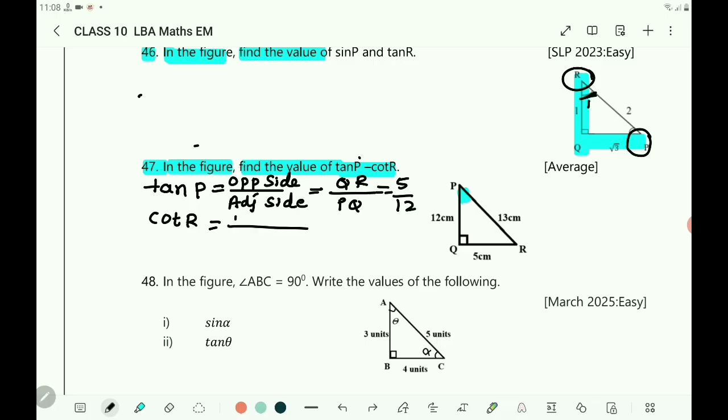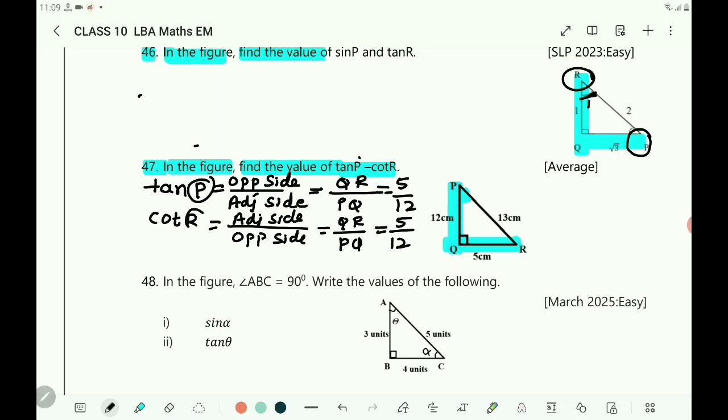So you take adjacent side by opposite side. For angle R, which is the adjacent side? Adjacent side is 5, that is QR, and opposite side is PQ. Again you got QR by PQ equals the same value, 5 by 12.